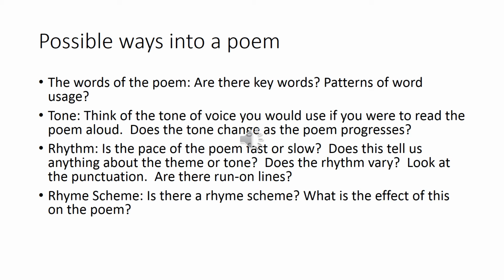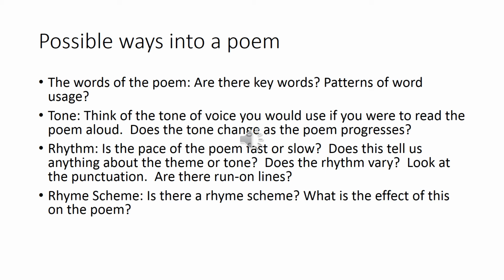Next, you need to look at the patterns of word usage. For example, words that refer to maybe colours or verbs. Now, what do these colours or verbs suggest? Do they have a positive or a negative effect on the poem?